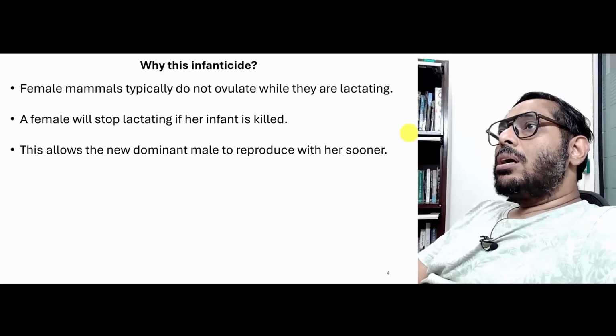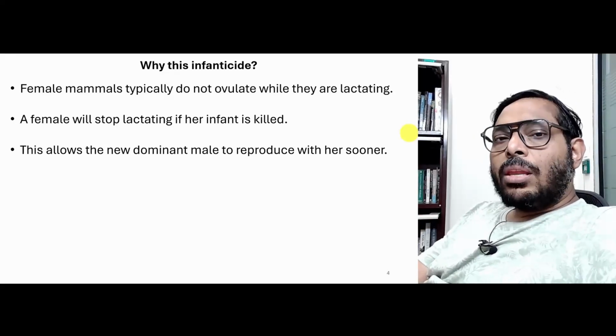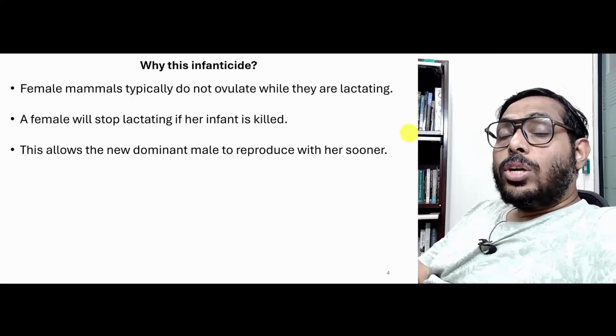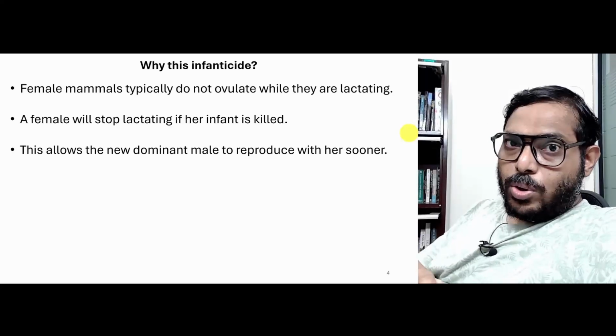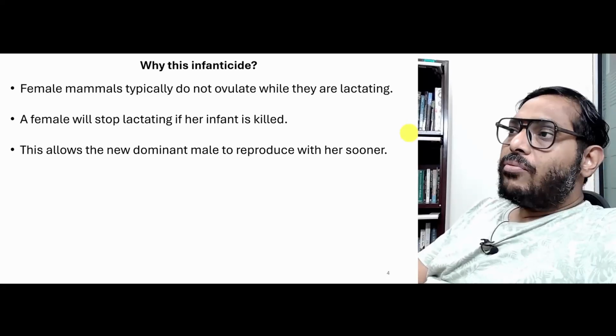In other words, if the dominant male does not kill off the female's kids, then it is going to have to wait to reproduce, whereas if it kills them off, then it can start its reproduction very soon.